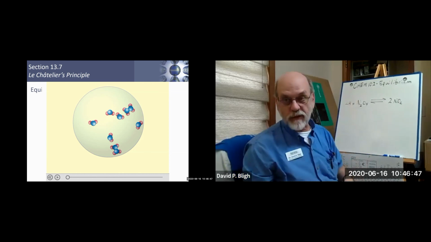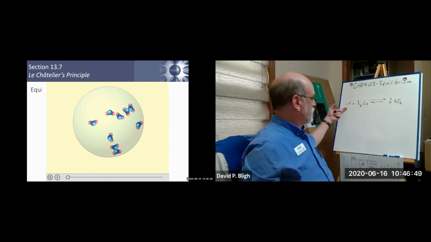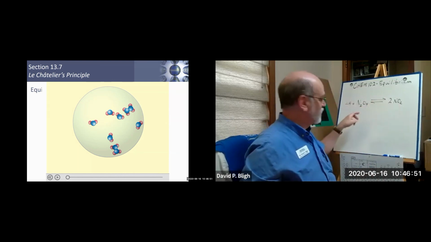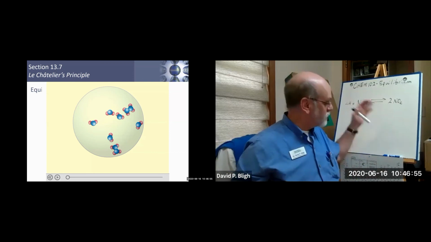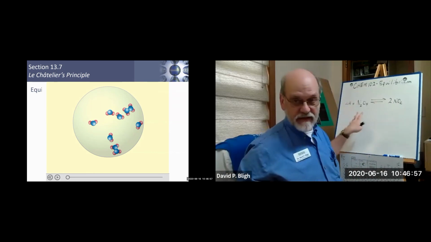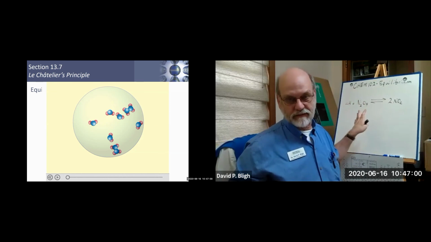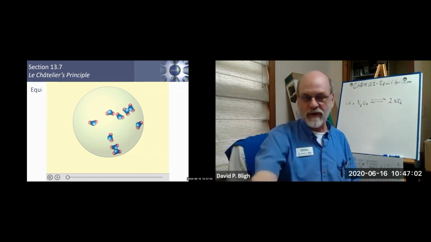It has to be endothermic, right? If you add heat and shift it that direction, that's the only explanation. If we shift to the products, adding heat is a reactant. So it's an endothermic reaction.